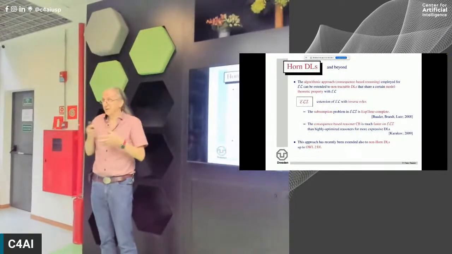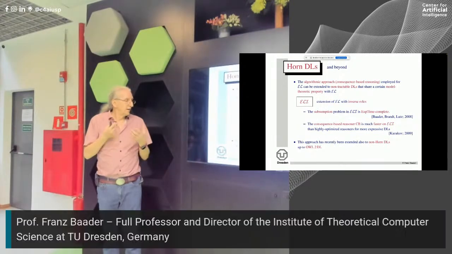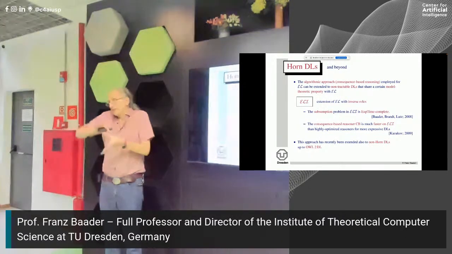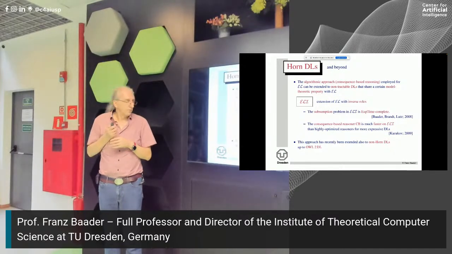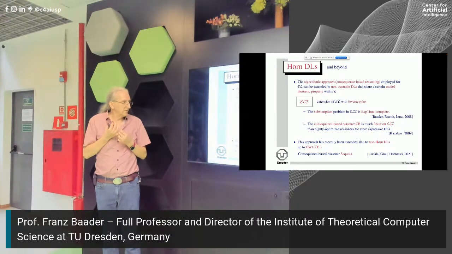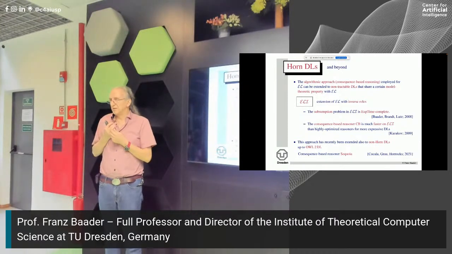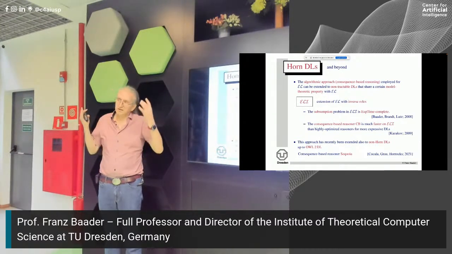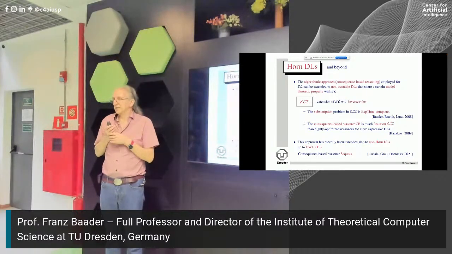So we want to use it for everything. So now they have even started to use it for non-Horn DLs, where somehow you have to deal with disjunction, but which still works. And so there is this fairly new consequence-based reasoner, Sequoia, that can deal with a very, very expressive description logic in a consequence-based way, and it is usually, but not always, faster than the other systems.